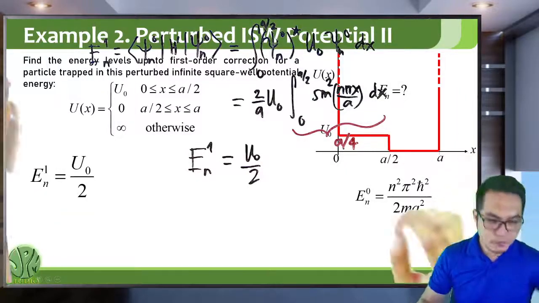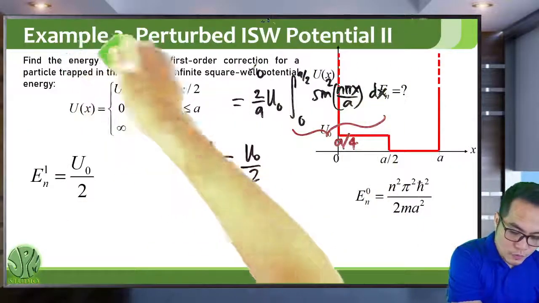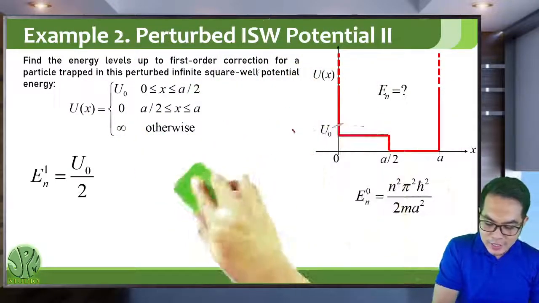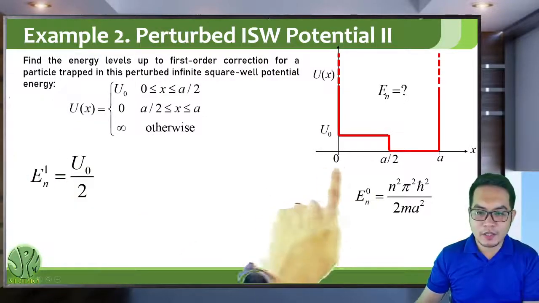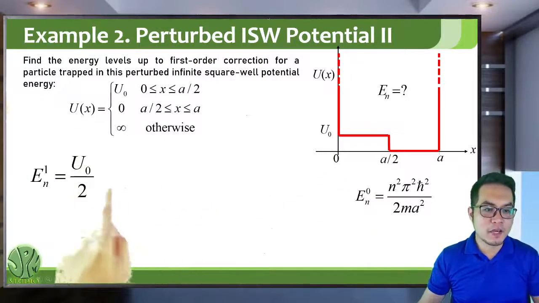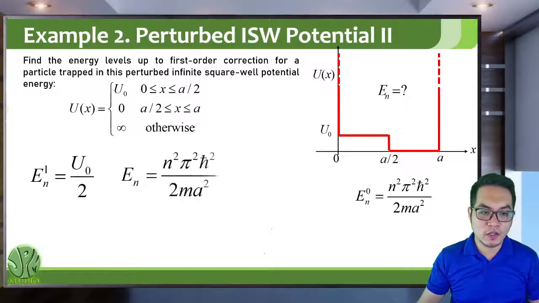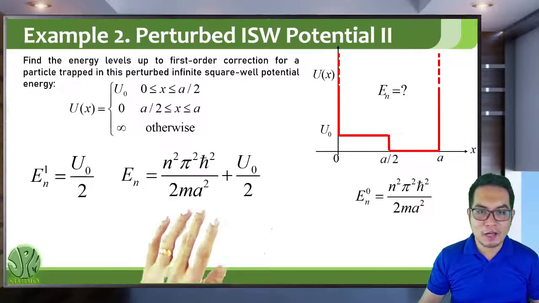So meaning, if you approximate the energy of this perturbed system, it will just be the unperturbed energy levels plus the first order correction. But in this case, this is not accurate.